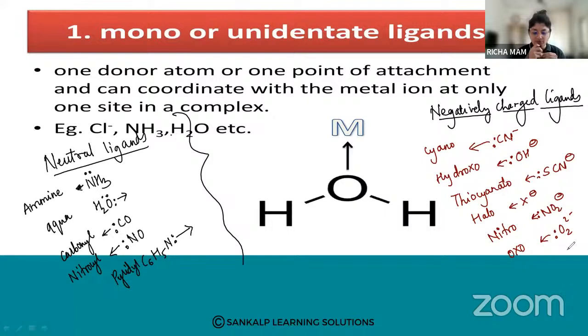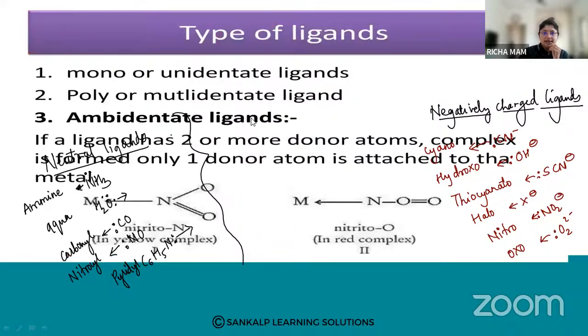A monodentate or unidentate ligand has only one donor atom, or only one point of attachment. It can form only one coordinate bond with the metal ion at one site. Is it clear?